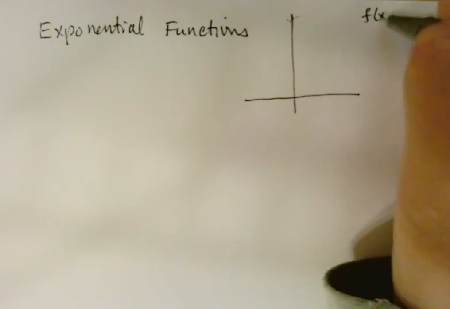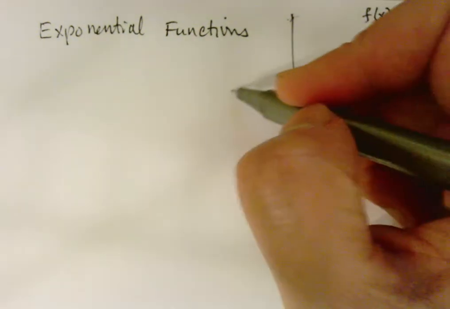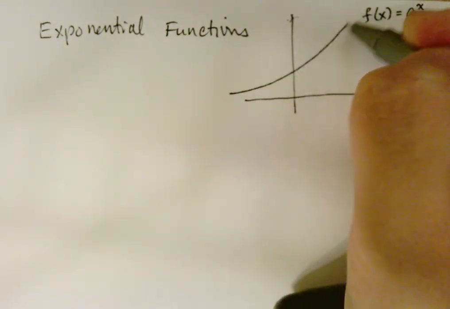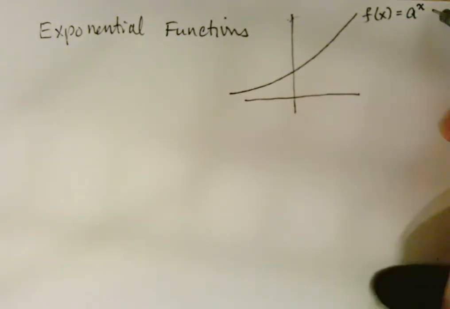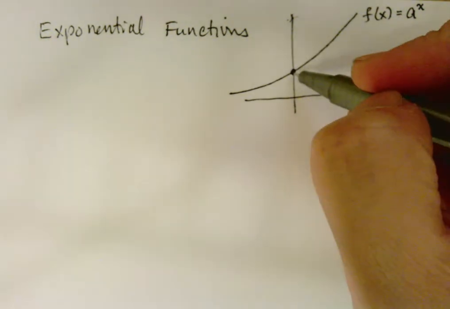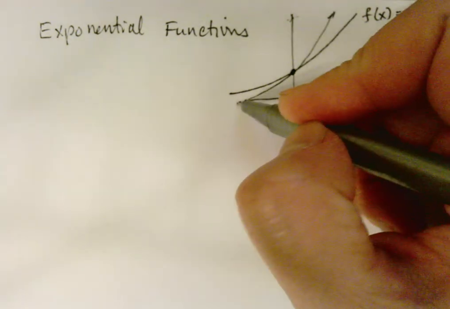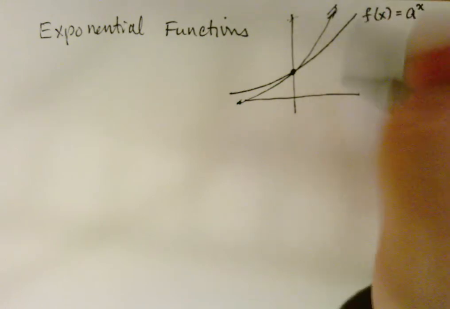These are functions of the form f of x equals some constant a to the x. Since when x equals 0, no matter what a is, that value is 1, all these functions go through (0, 1). I'm just going to draw two of them.